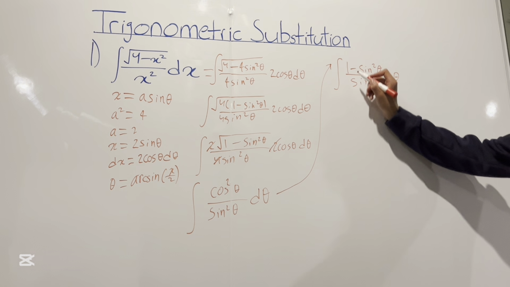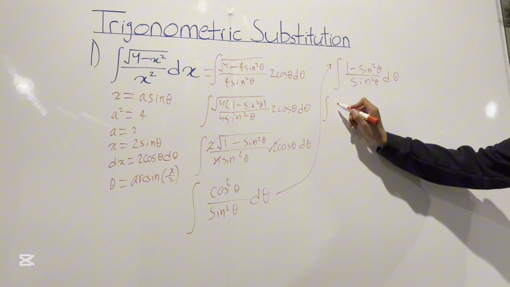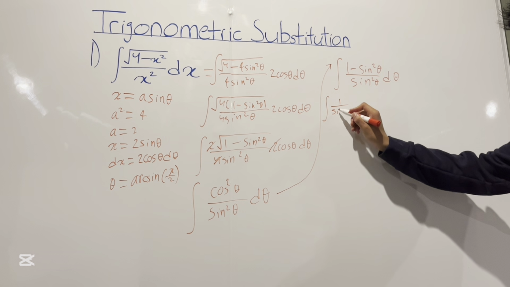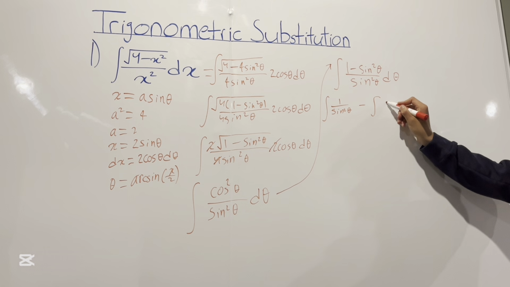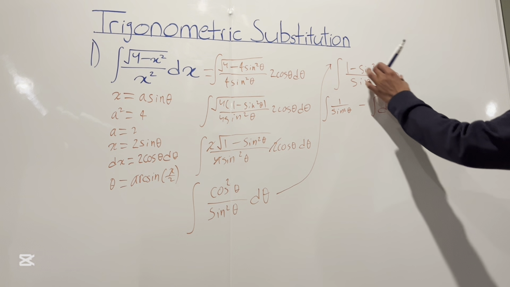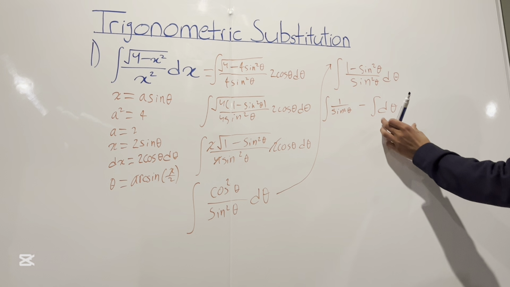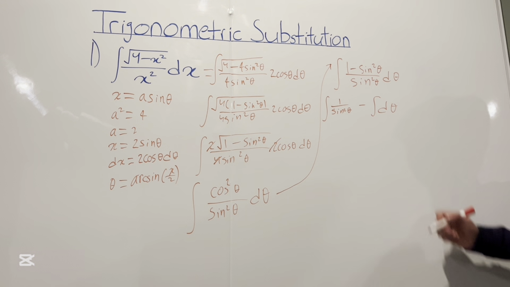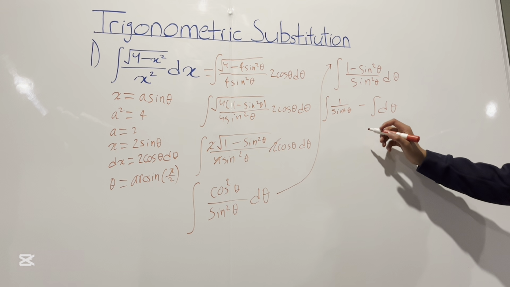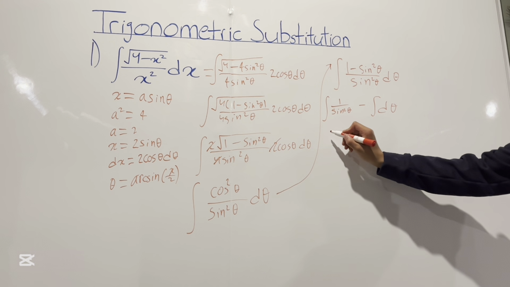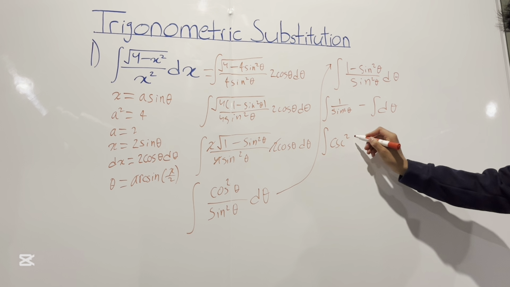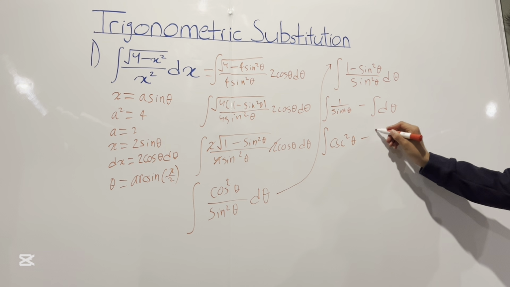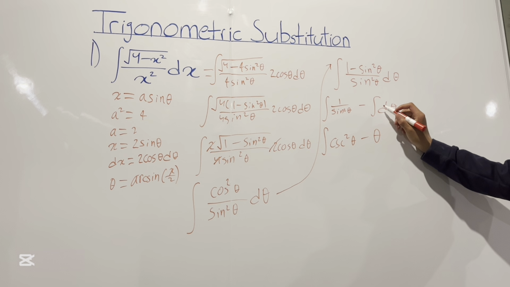Now we can split this apart and we have 1 over sine squared theta minus d theta, because sine squared over sine squared is just 1. So technically we're just integrating 1, which is the integral of d theta. Now this is going to equal cosecant squared theta minus theta, because the integral of 1 is just theta.